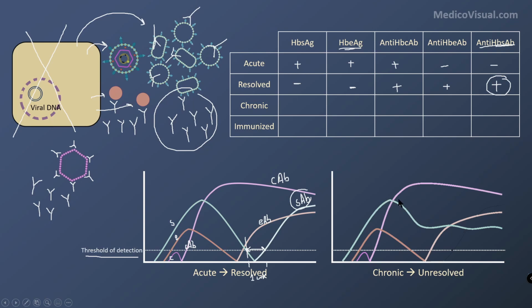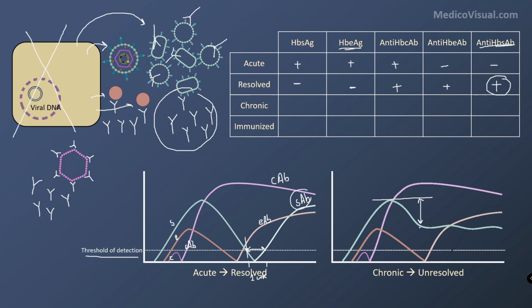So what will happen? A little bit of surface antibody, this is surface antigen, a little bit of surface antibody that is produced will try to neutralize some of the surface antigen, and surface antigen will become a bit lower than this spike.